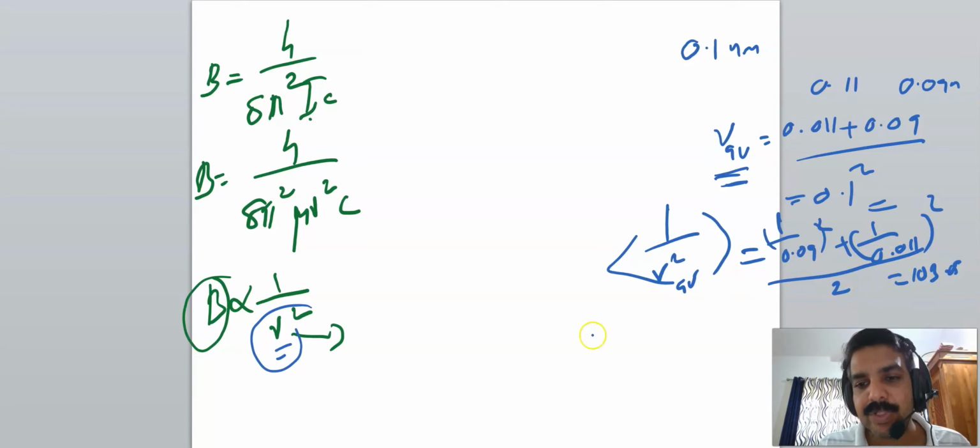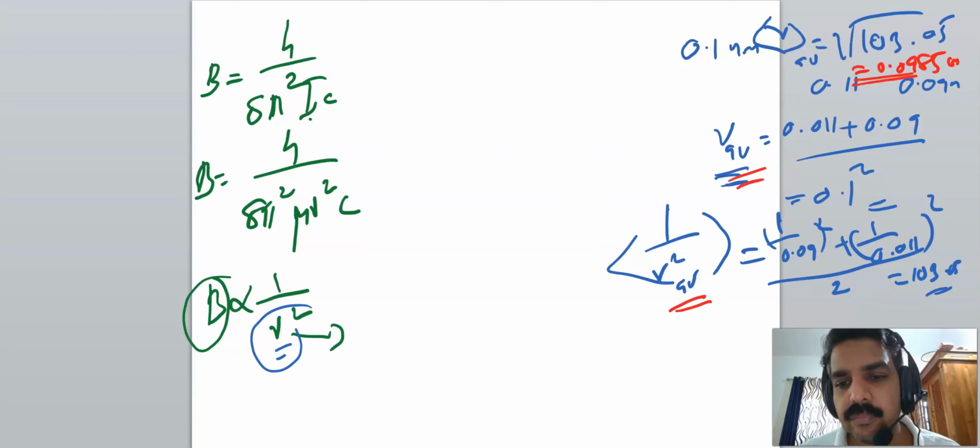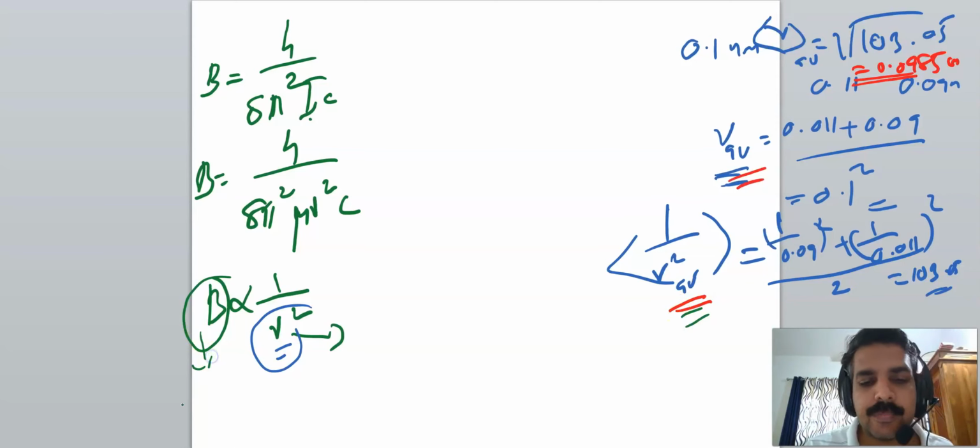From this we can calculate r average. That is, 1 by r squared increases, therefore B will decrease.